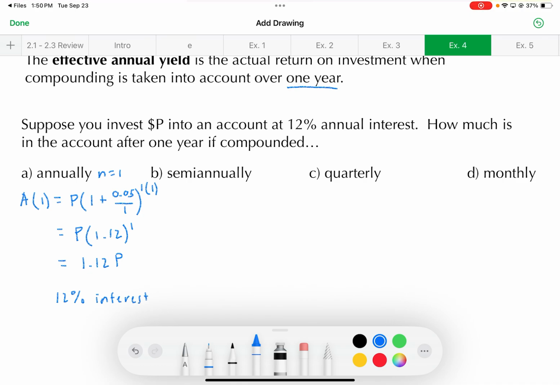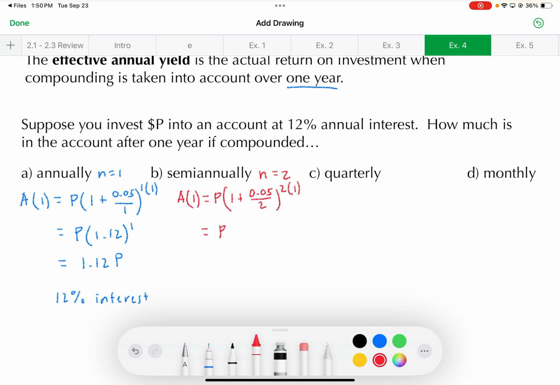If we're doing this annually, the annual interest rate should be what we end up with. All right, now semi-annually, N would be 2 here. After 1 year, the amount in the account would be the principal times 1 plus 0.05 divided by 2 to the power of 2 times 1.